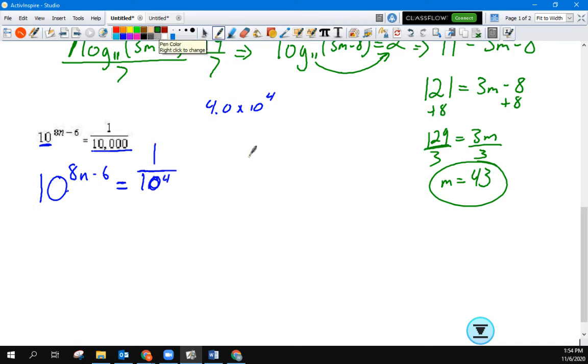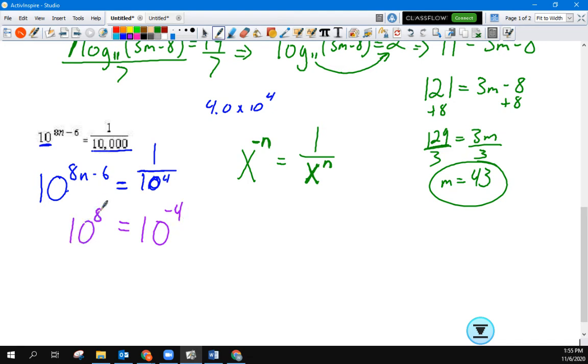Then I use this equation that we've talked about before. x to the negative n is equal to 1 over x to the n. So if you have something to the n power down here, you can move it to the top by making the exponent negative. So that's what I'm going to do right here. I'm going to make this 10 to the negative 4 power, and then this side stays 10 to the 8n minus 6 power.